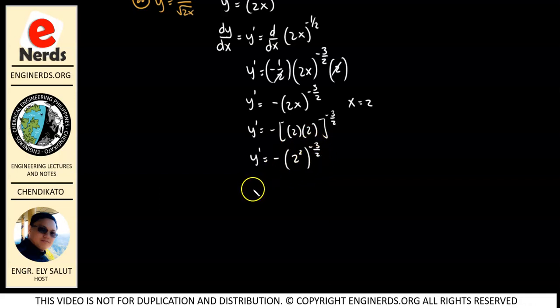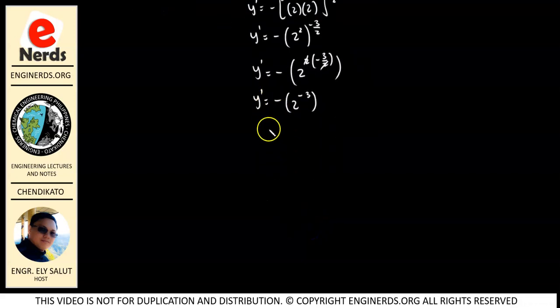So we have y prime is equal to negative 2 to the (2 times negative 3 over 2). So therefore, this will be cancelled out, and we'll have 2 to the negative 3.